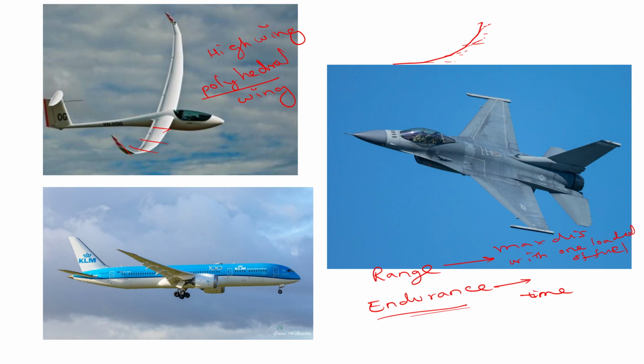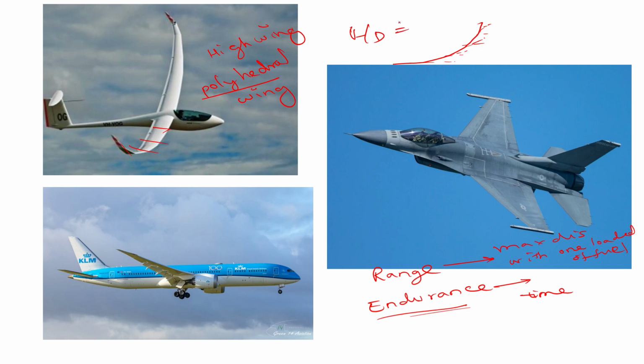So for that, speed is not a very important criterion. The important criterion is how long the wingspan is and how much they can float in the air. So this polyhedral type fulfills all these benefits. It helps to increase the endurance. It helps to produce a huge amount of L by D, that is the lift to drag ratio.